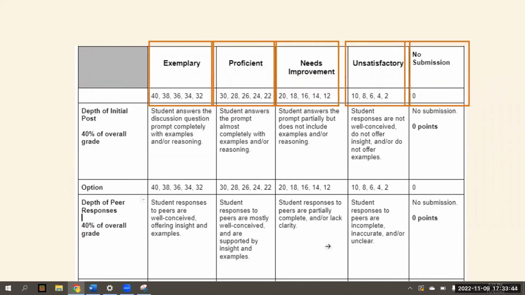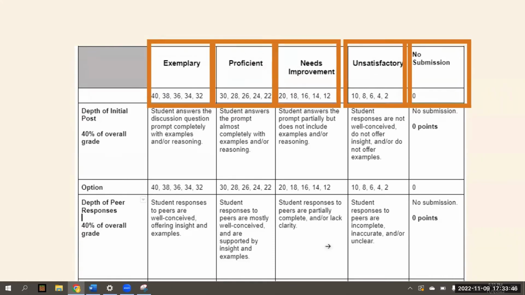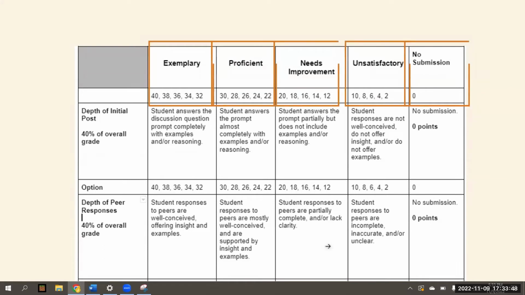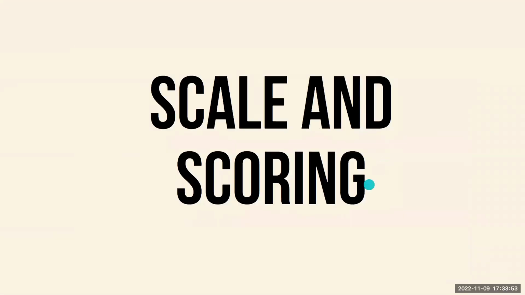So we've got some say scales and scoring, some say performance descriptors. What was it, everyone? Scales and scoring. Fantastic. Okay, poll 3. I'm going to show you a highlighted section.